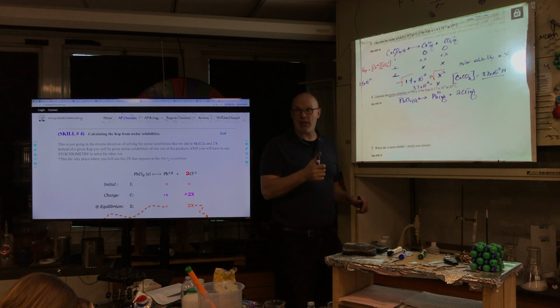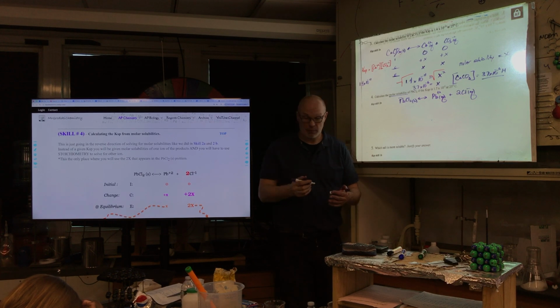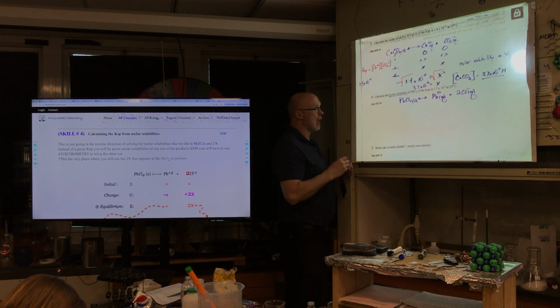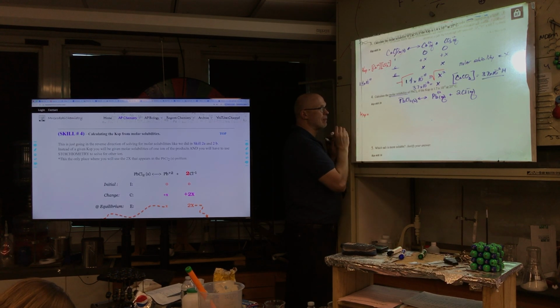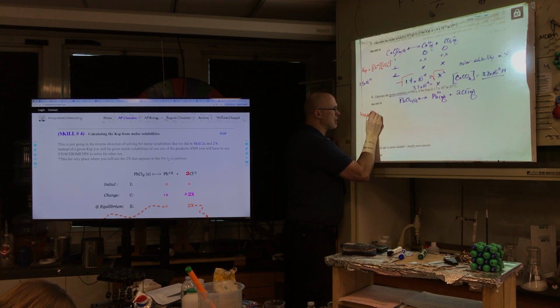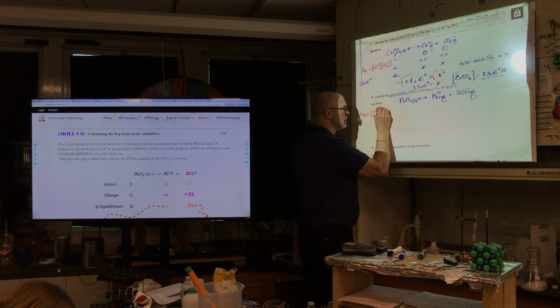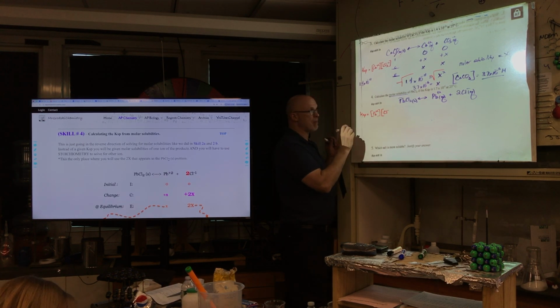They could say write the equilibrium expression. So I would go what? KSP is equal to what? Pb plus 2. Yeah, it's going to be brackets around Pb plus 2, because that means the molarity of it, times Cl negative.